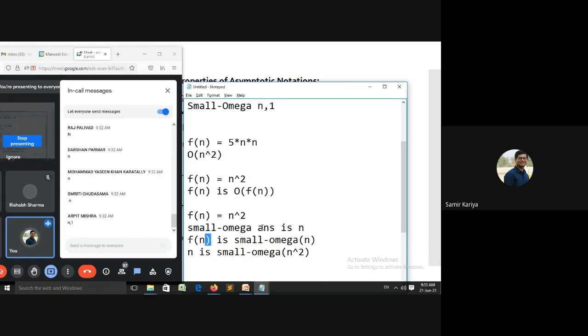Here f of n, I am writing n square. So the first statement is correct: n square is small omega of n. For the given n square, you can write small omega n. But the reverse you cannot write. That's why small omega and small o, these two notations are not reflexive.